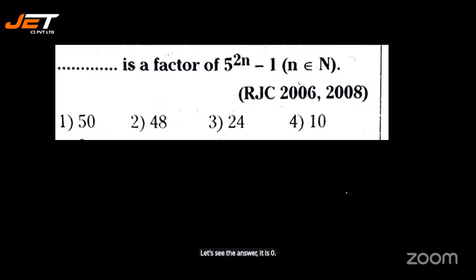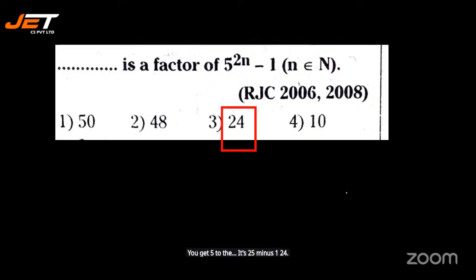Right. Dash is a factor of 5 to the power 2n minus 1, where n is an element of n. Where n is an element of n, if you put n as 1, you get 5 to the 2 minus 1, 24.